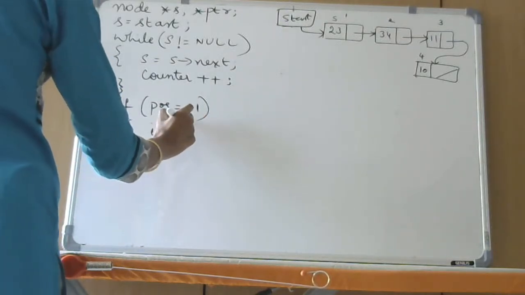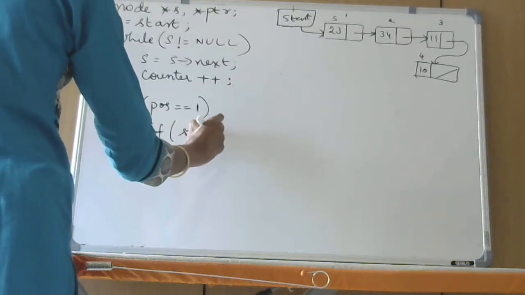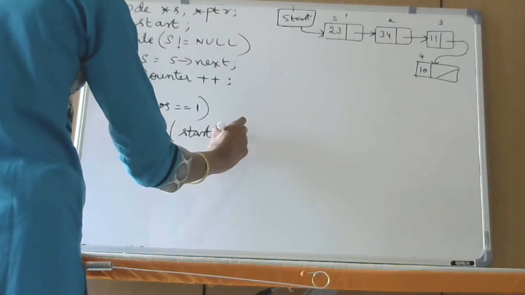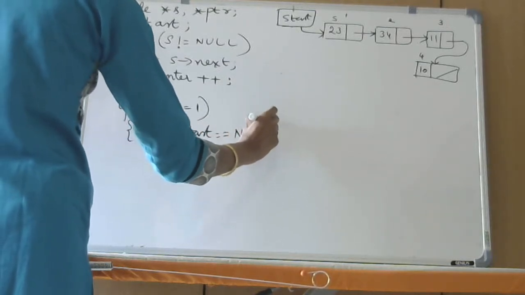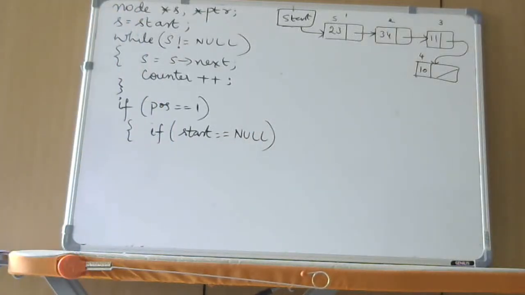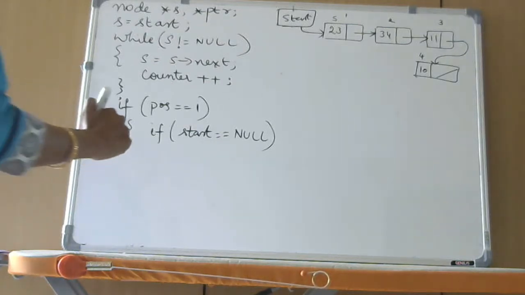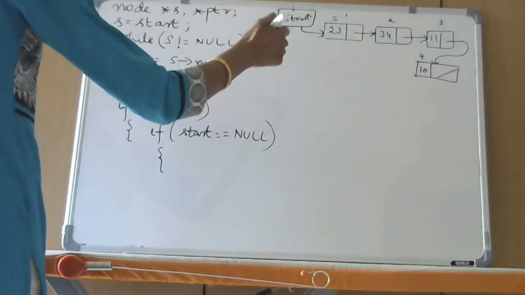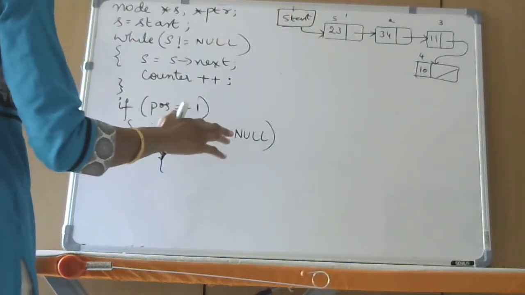If position is 1, and how do you check for an empty linked list? If start is equal to null. Because what I am checking? First position, but the linked list is empty. Then the node that I am going to insert itself will become the first node.